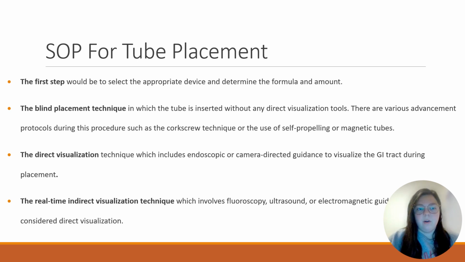There are advancement protocols during this procedure known as the corkscrew or self-propelling with magnetic tubes. The direct visualization technique includes endoscopic or camera-directed guidance to visualize the GI tract during placement. And the real-time indirect visualization technique involves fluoroscopy, ultrasound, electromagnetic guidance, such as the CORTRAC. However, these are not considered direct visualization techniques.